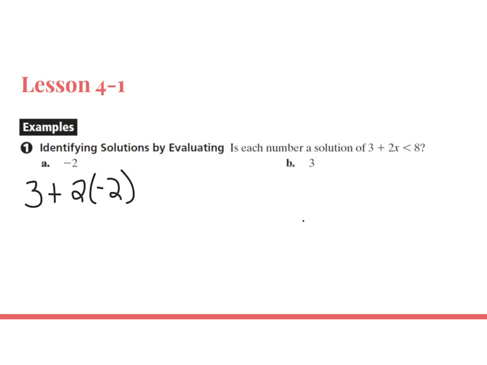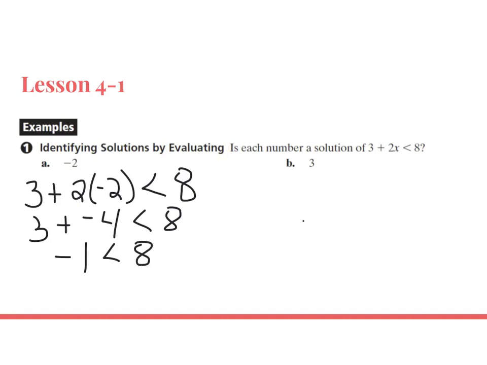Notice how I use parentheses, and I copy the rest of the inequality. Now if I compute 3 plus 2 times -2 is -4, less than 8. So I have 3 plus -4, that is -1, is less than 8. Is that true? That is true. So -2 is considered a solution to this inequality.